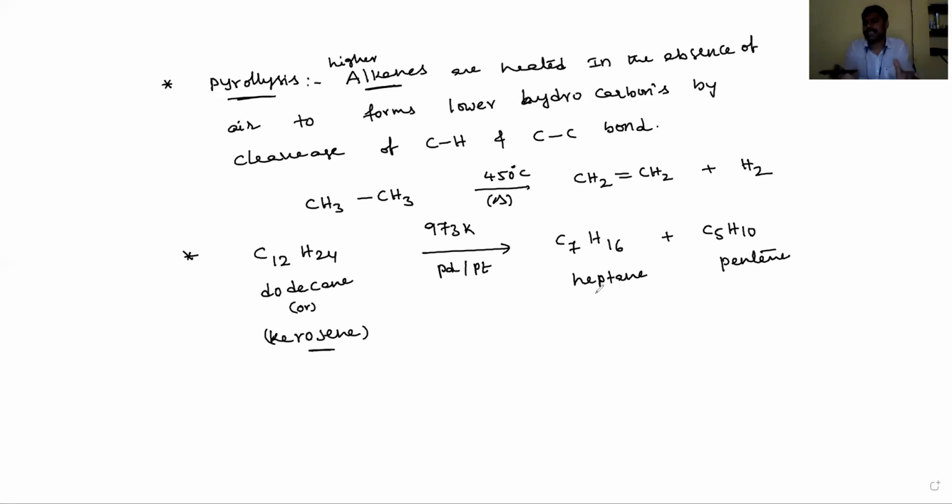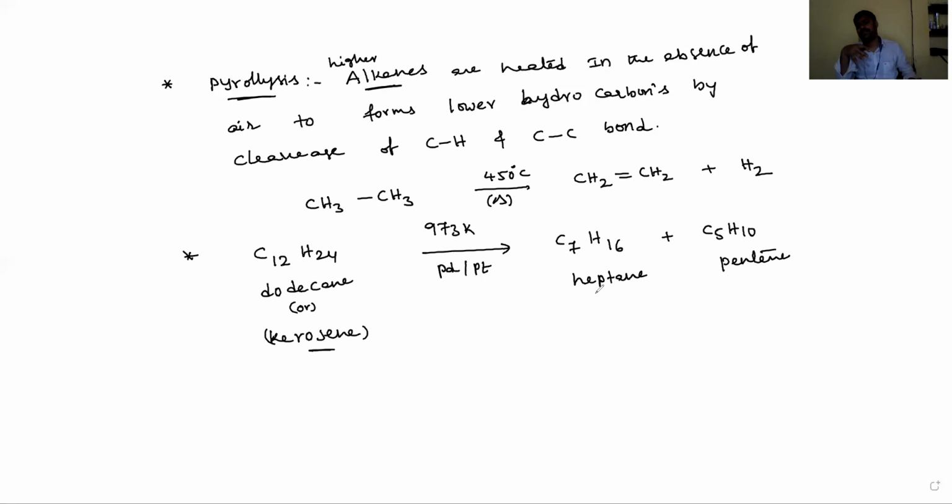The main importance of alkanes is that they are mainly used as fuels. For example, petrol, diesel, kerosene, these are all hydrocarbons only. That's why alkanes are mainly useful as fuels.